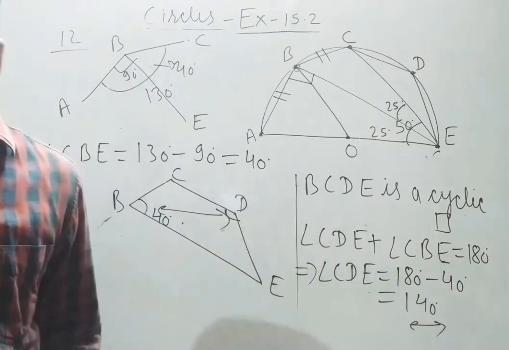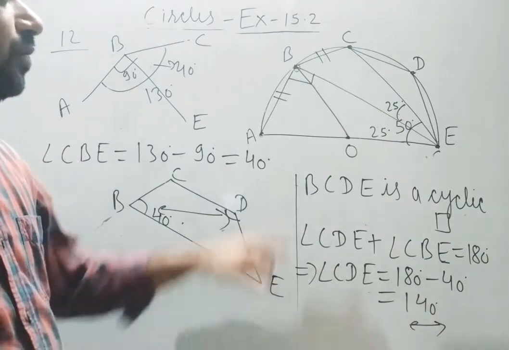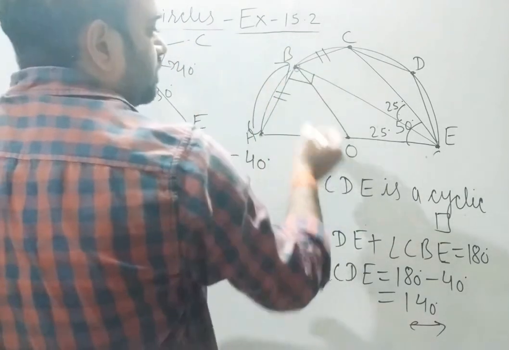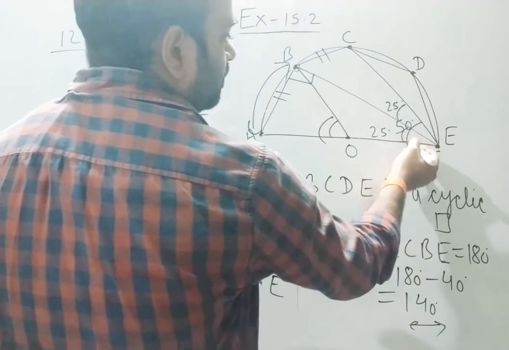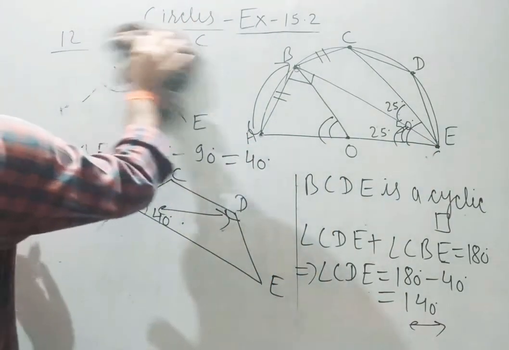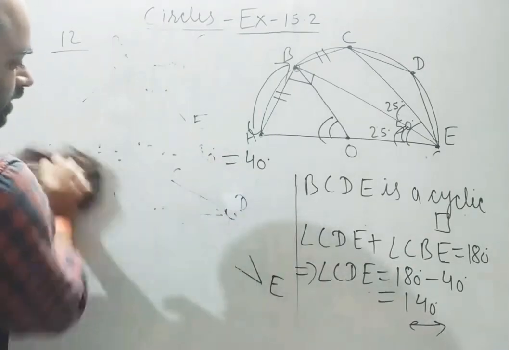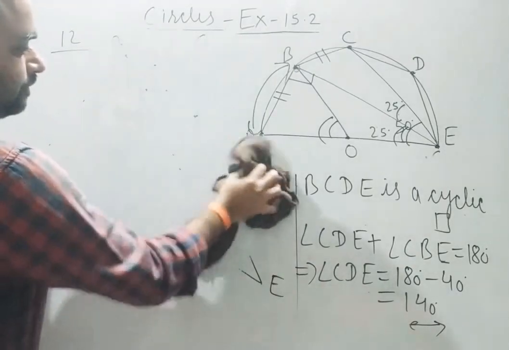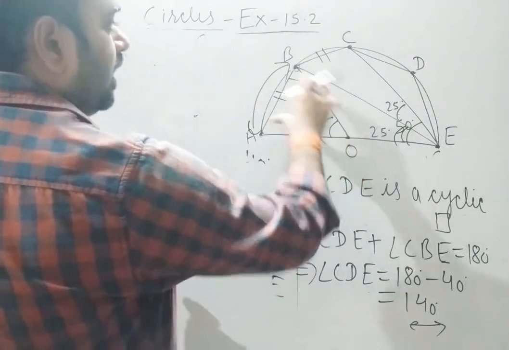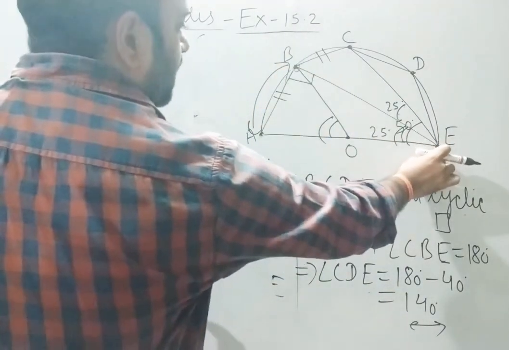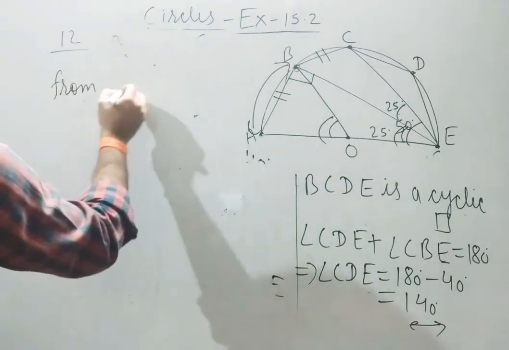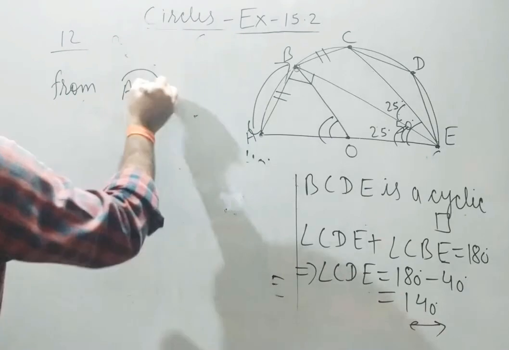Clear? Last part, we have to find angle AOB. See, take arc AB. From arc AB, can you find two angles? One at the circumference, one at the center. See, A and B are joined to center O. A and B are joined to circumference E. It means from arc AB, we have two angles.